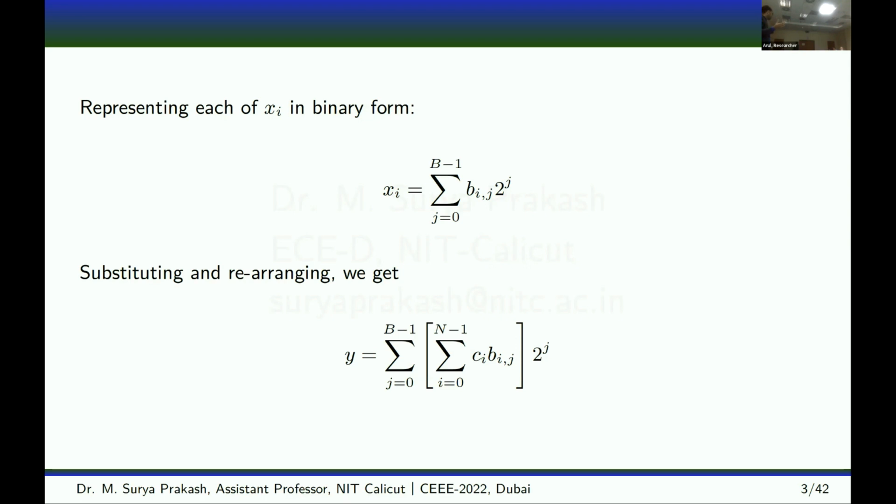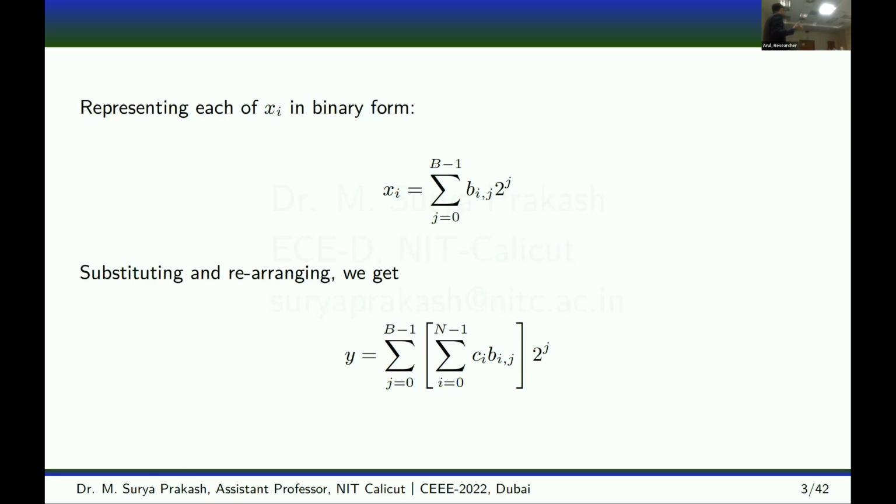This basically avoids the usage of hardware multipliers. Generally, researchers tend to avoid usage of hardware multipliers because multipliers take a good amount of power consumption. They also lead to a good amount of propagation delay. This is the basic idea behind distributed arithmetic. We are computing the dot product just by shift and add operations.